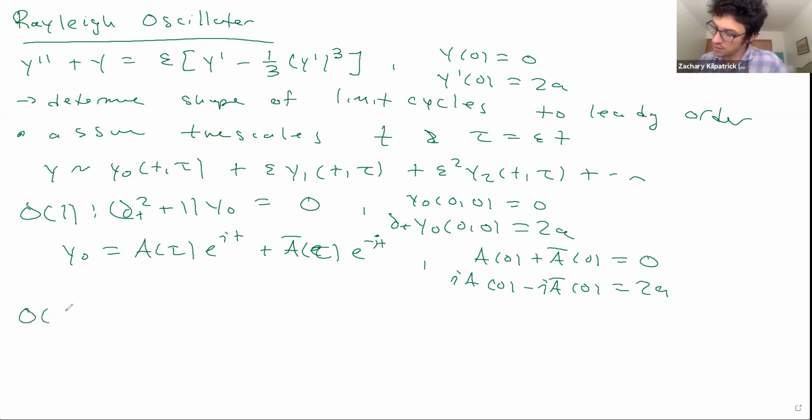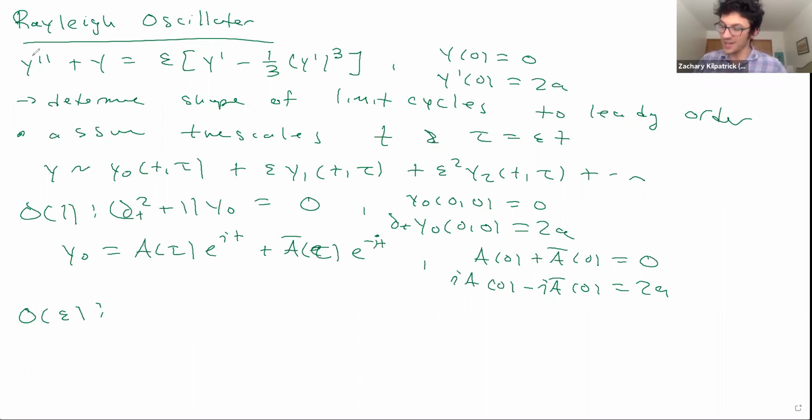Now, at order epsilon, we're going to involve some of the terms that arise through the epsilon terms on the right-hand side. We're going to have a dt y0 term here, a dt y0 cubed term here.